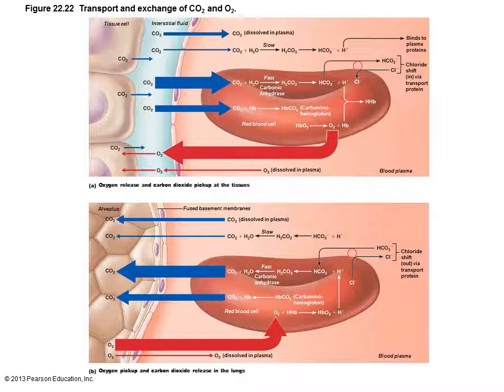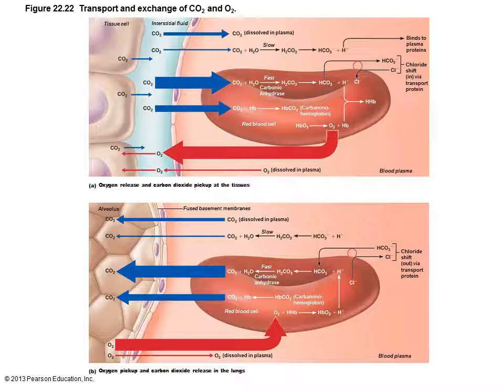Transport and exchange of CO2 occurs in systemic capillaries, and this bicarbonate ion, HCO3-, quickly diffuses from the red blood cell into plasma. This is called the chloride shift, balanced out by chloride moving into red blood cells as bicarbonate ion moves out, so that charges can be balanced.